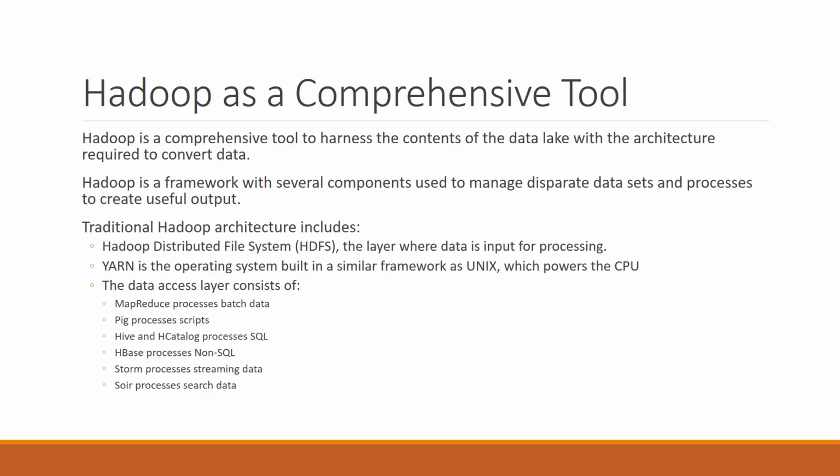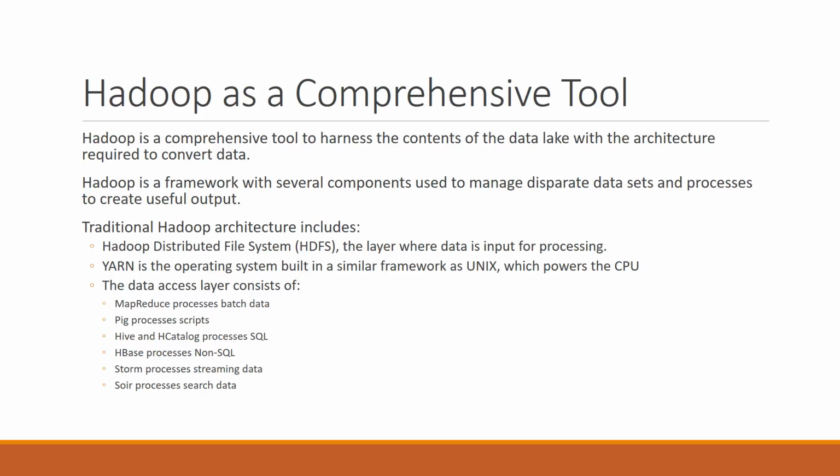Hadoop is a comprehensive tool used to harness the contents of the data lake with the architecture required to convert data. Hadoop is a framework with several components used to manage disparate data sets and processes to create useful output. A traditional Hadoop architecture includes the Hadoop distributed file system, which is the layer where data input is for processing.